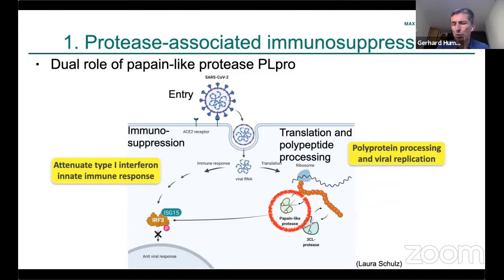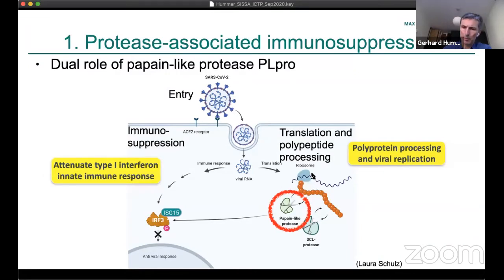The papain-like protease, as its name implies, cleaves protein chains, and it does that in part to support the processing of the multi-protein chains produced from the viral genome and cutting them into functional protein units.